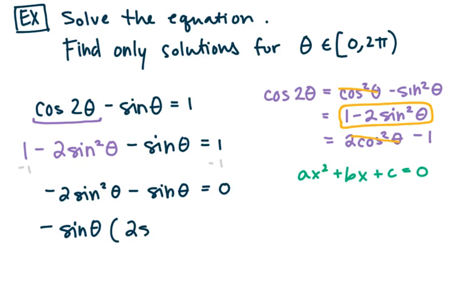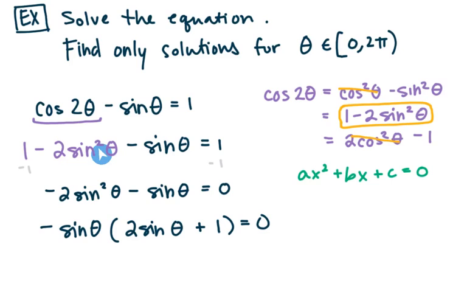That leaves me with 2 sine theta plus 1 equals 0. Because I factored that negative out, this becomes positive. And if you're unsure about your GCF, you could always multiply it back through, make sure you have the original statement. So now I have 2 factors equal to 0.